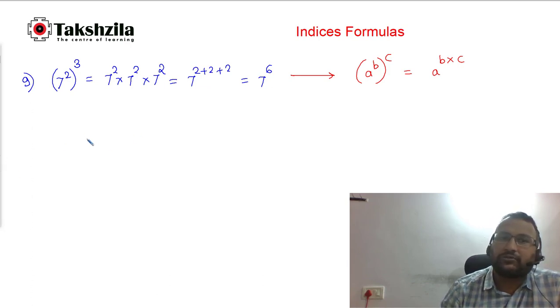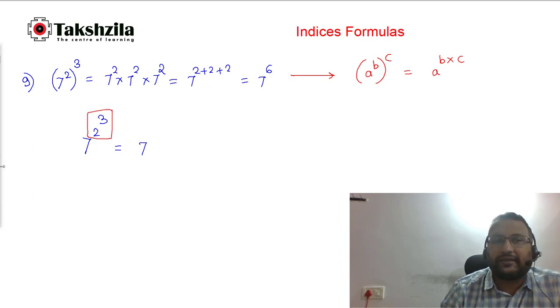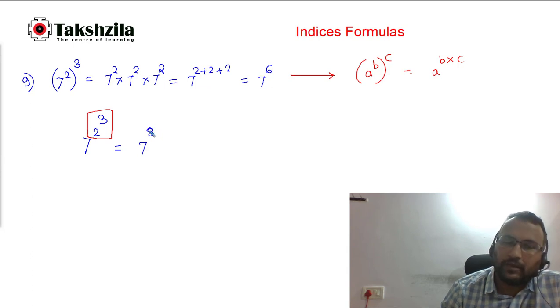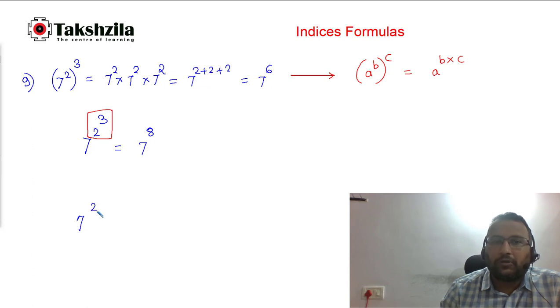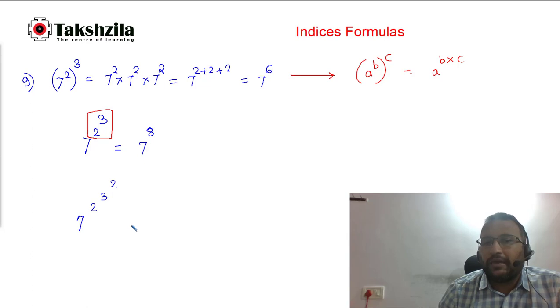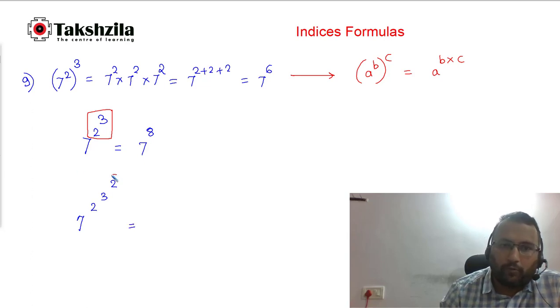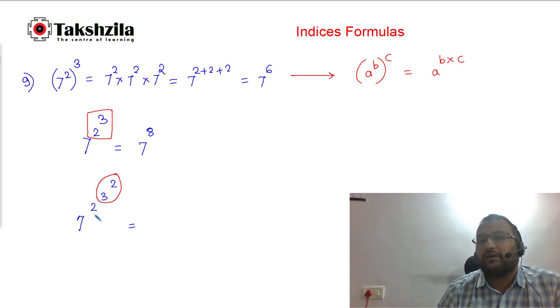For example, if it is only 7 to the power 2 to the power 3, then the value of this becomes 7 to the power 2 to the power 3, that is 7 to the power 8. Let's take some more examples. If it is 7 to the power 2 to the power 3 to the power 2, in this case we need to make the pairs from top to bottom. 3 to the power 2 is how much? 9.